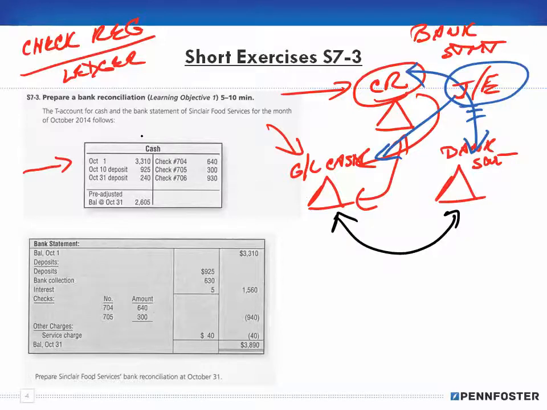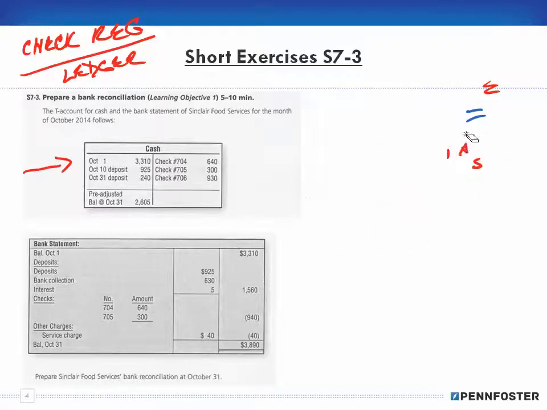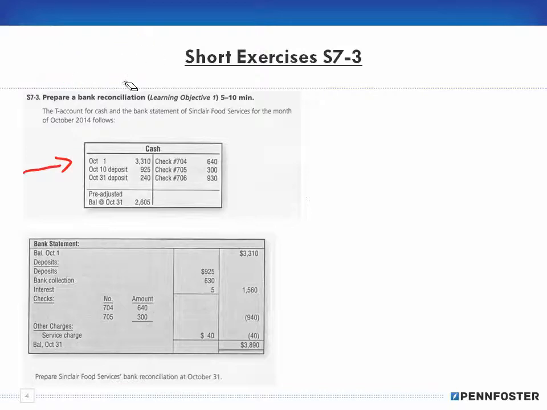Now, for this exercise, they're just saying, let's just look at the cash account. Really what they're saying is we're not looking at our check register because we've posted everything to our cash account and it's still the same. So we're looking at our general ledger cash account, which should be the same as our check register.